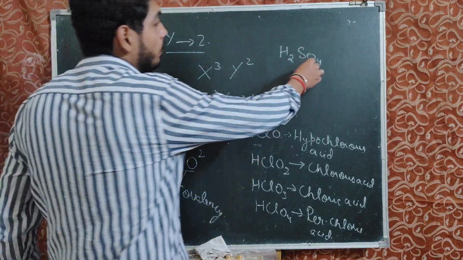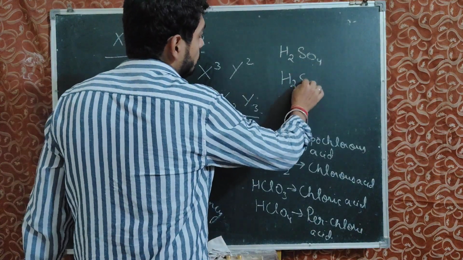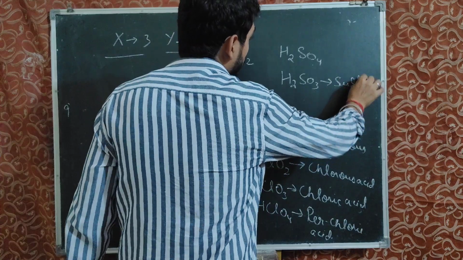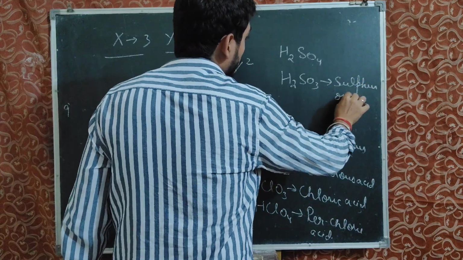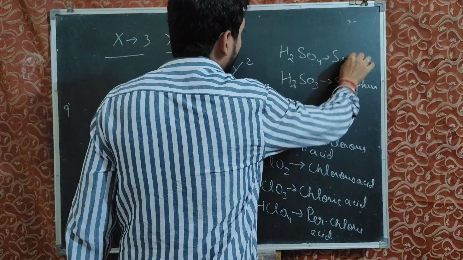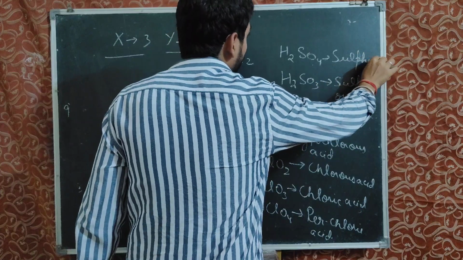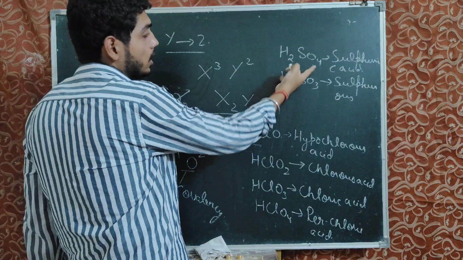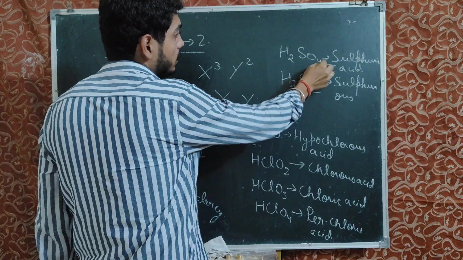Oxyacids of sulfur: this is H2SO3, sulfurous acid. And this is sulfuric acid. Are you all getting this? So you can see that -ous means less oxygen, while -ic means more oxygen.